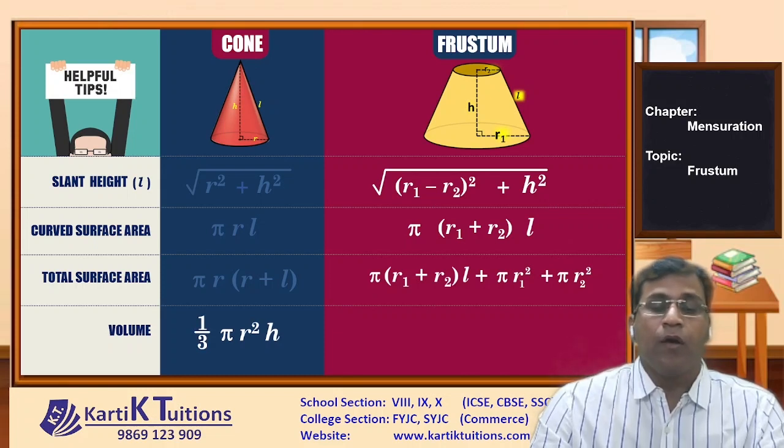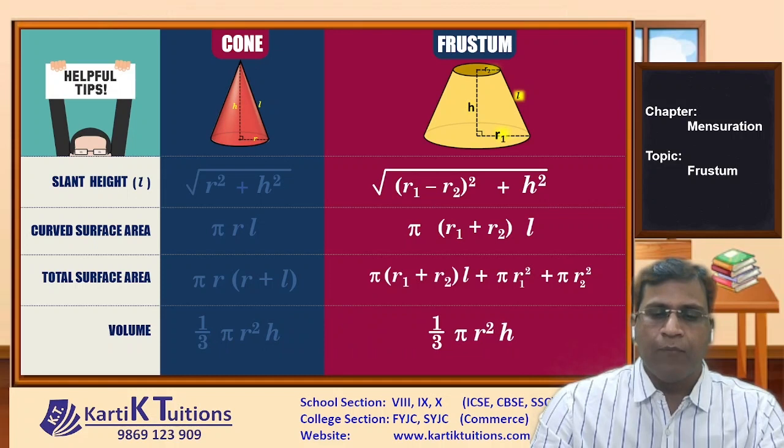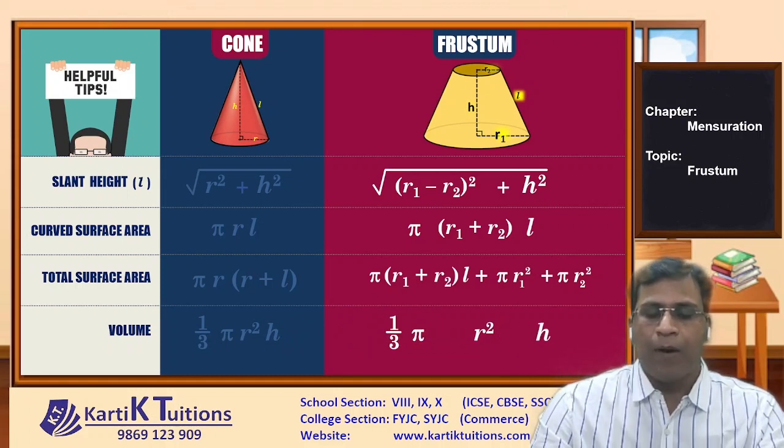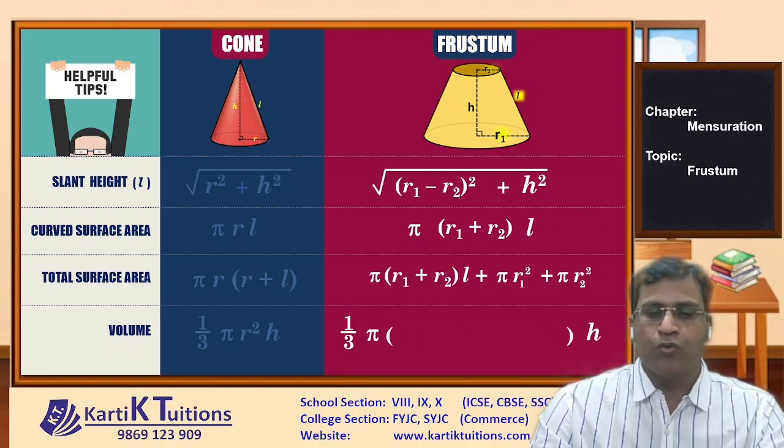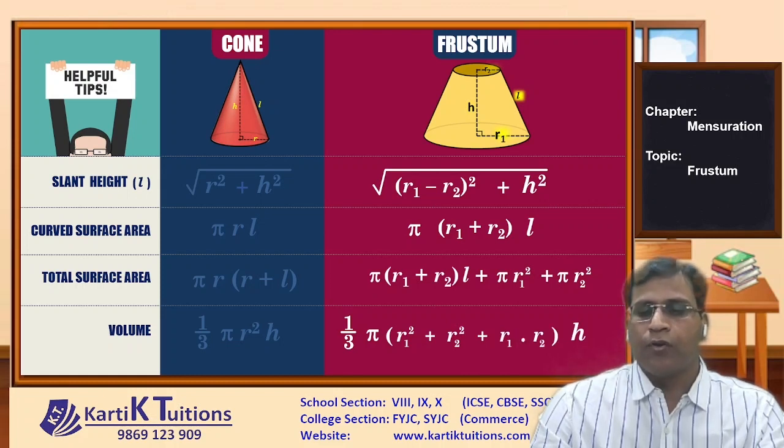Now volume is what? 1 upon 3 pi R square H. So here it will become 1 upon 3 pi into, now instead of R square, we'll have (R1 square plus R2 square plus R1 into R2) into H. I hope you are able to correlate both the formulas. My sincere request is to write each formula 25 times before starting with the sums of frustum. But now we'll proceed with the sums.